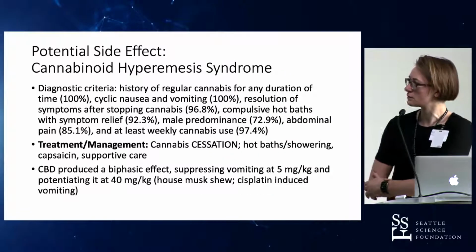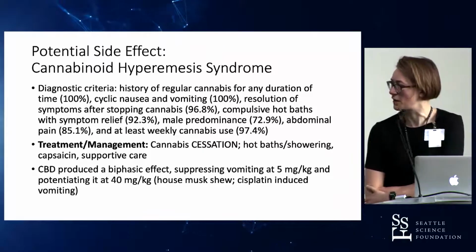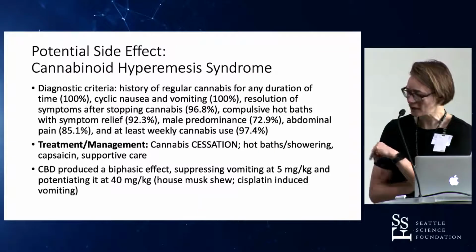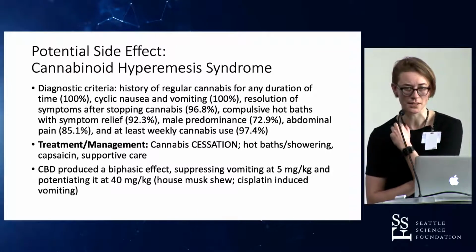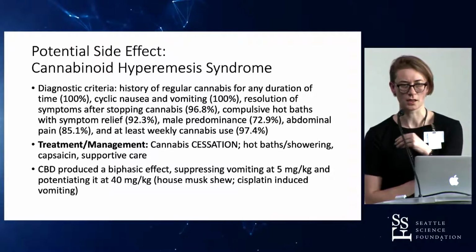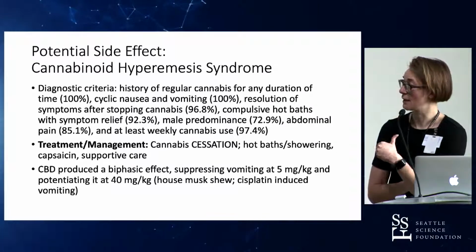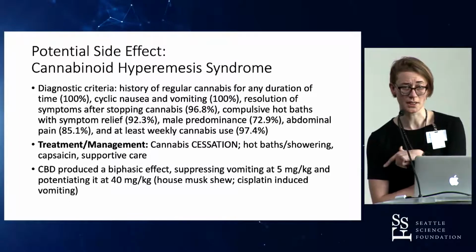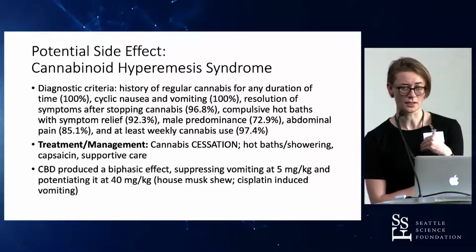Okay, so the last thing I'll cover, I ran a little quickly, but there is a condition called cannabinoid hyperemesis syndrome, and it's thought to be a withdrawal effect from cannabis. People find that they're vomiting and super nauseated, and the only thing that can relieve it is hot showers.